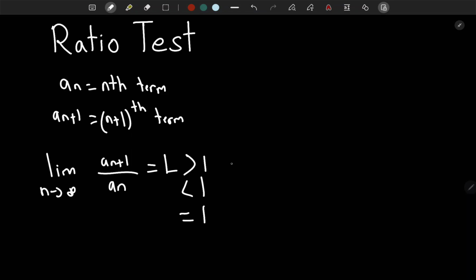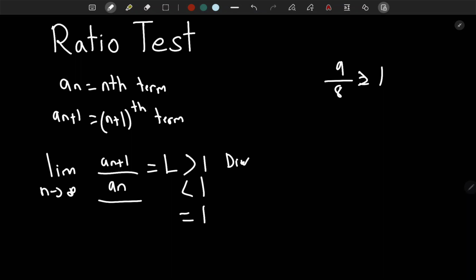If it is more than 1, this means the series is diverging. If you think about it logically, let's divide 9 by 8. If the numerator is larger than the denominator, we will definitely get more than 1, right? Which means that the numerator is growing, or is more than the denominator. And that's exactly what we did over here.